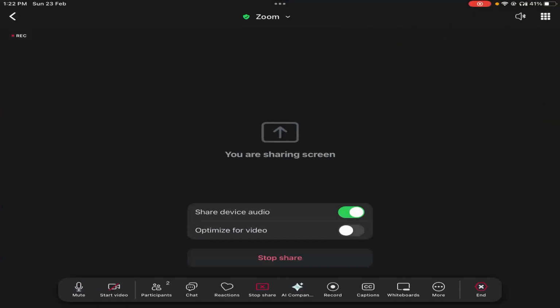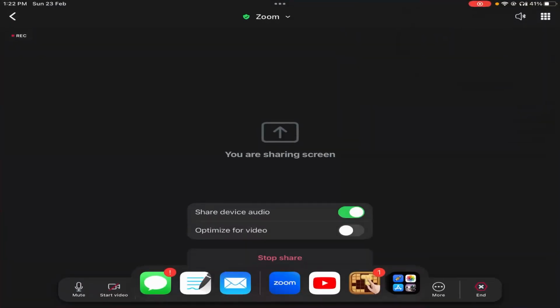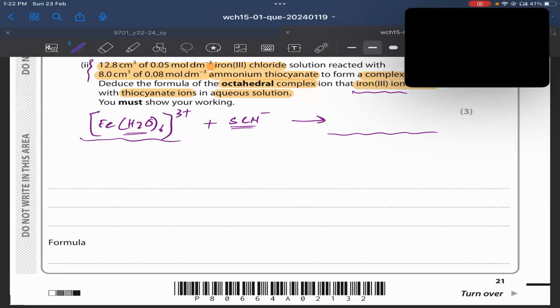Ji beta, have you solved this one? Yes, I'm almost done.